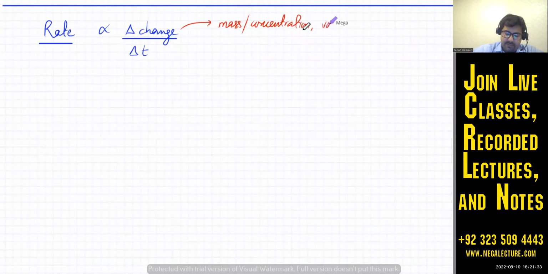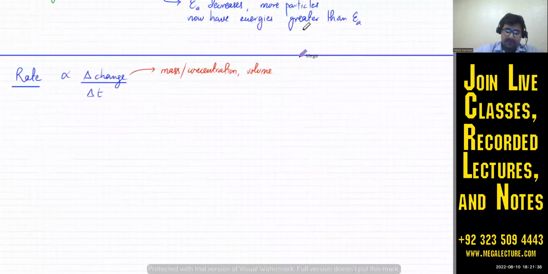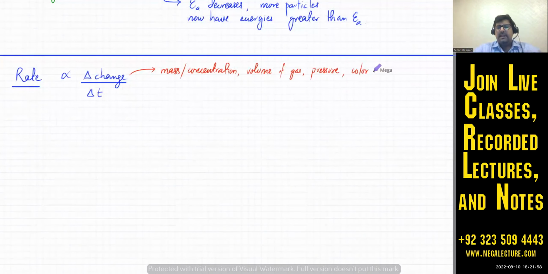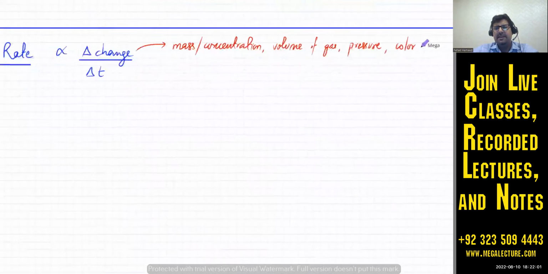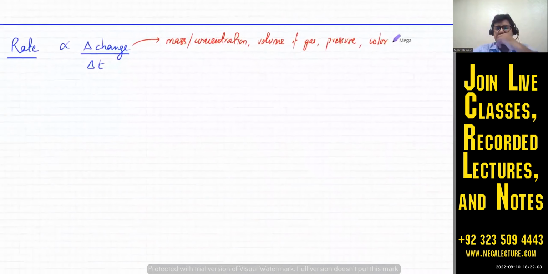You can talk about pH changing, pressure changing, or color changes. But it has to be something that could be easily observed or measured, etc. You can just keep on going with this.